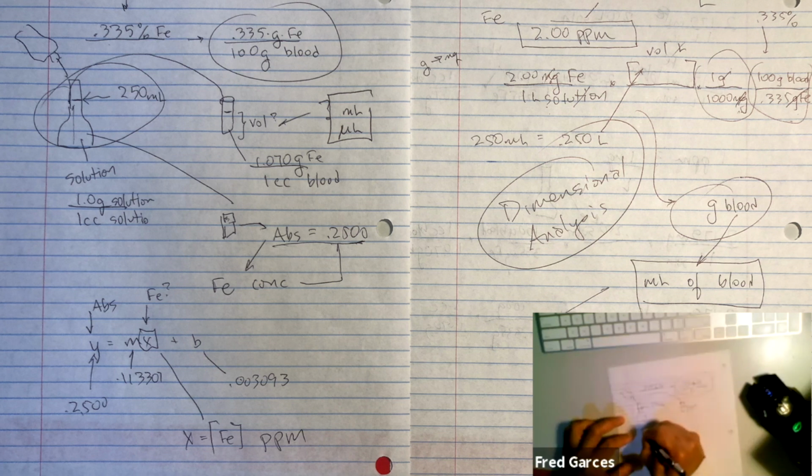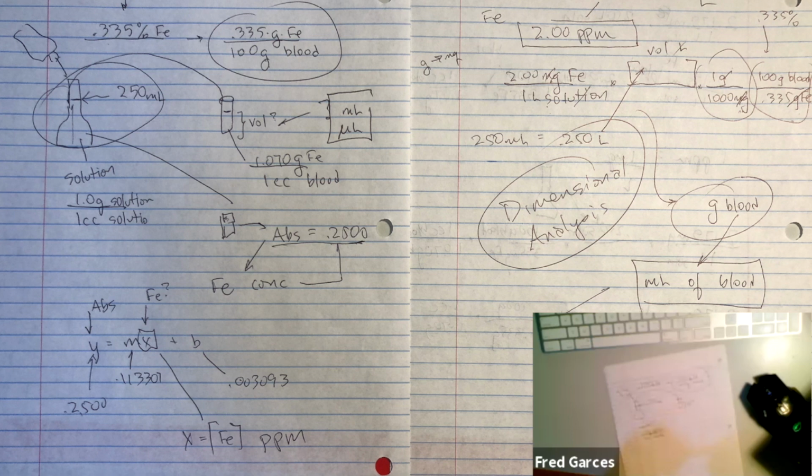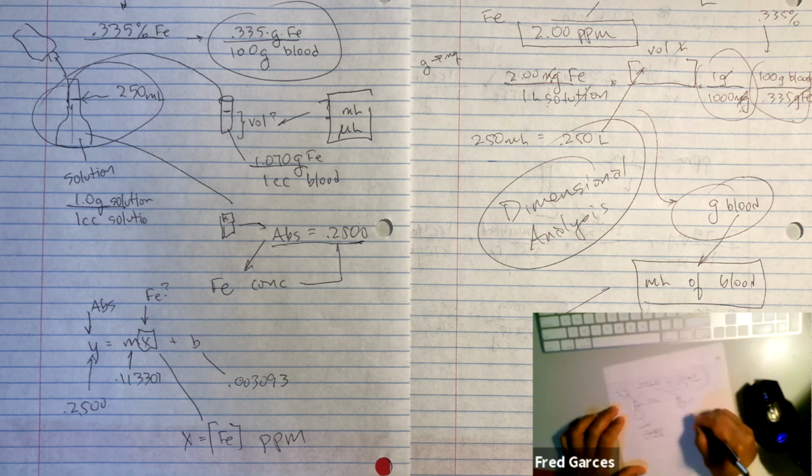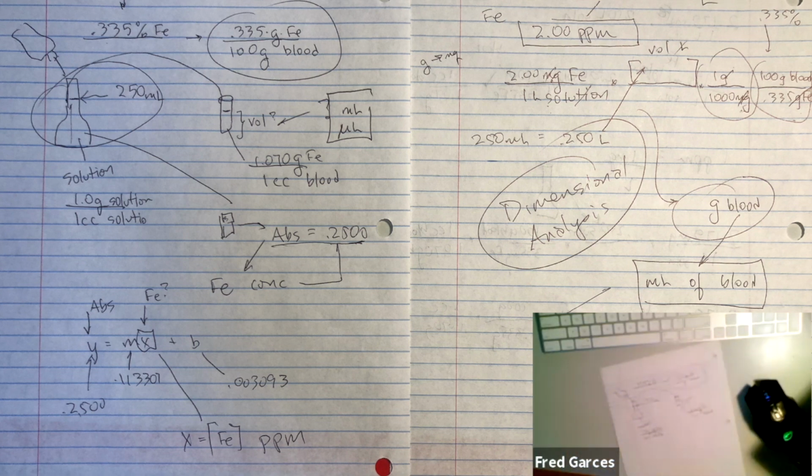This solution has a density of 1.0 grams solution in 1 cc solution. It tells you right there in the problem that the solution has 1 gram per cc, but the blood is 1.070 grams of iron in 1 cc of blood. That's the density of the blood.